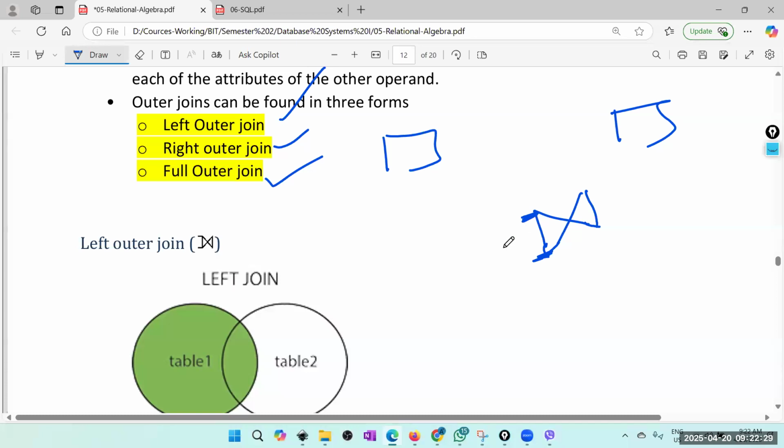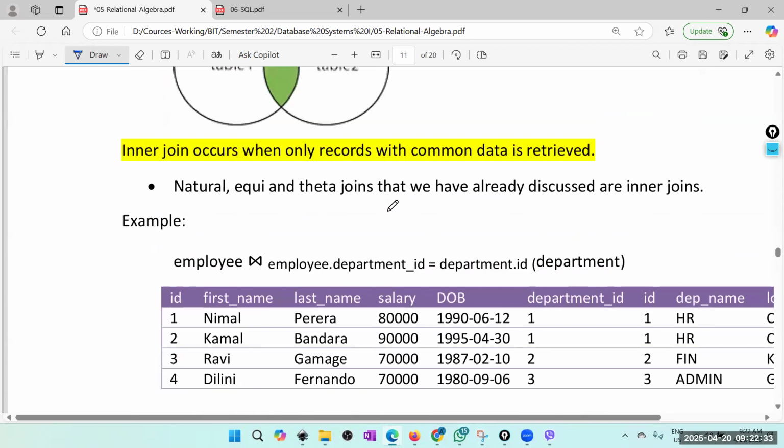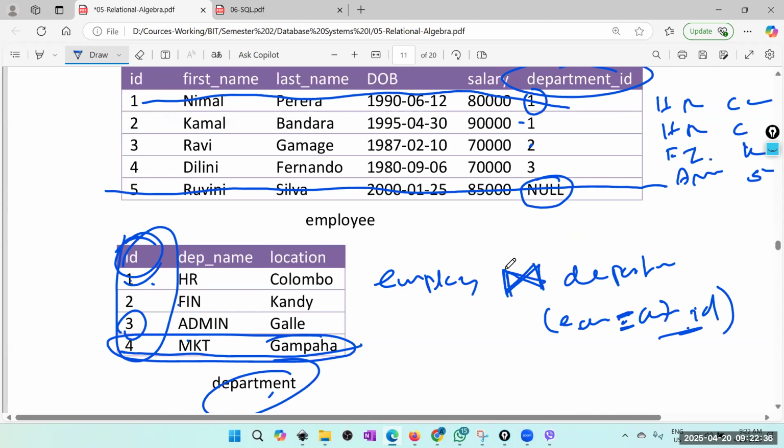So left outer join means you take all the records from the left table, all the records. That means in this case, if you do a left outer join, this record is also in our result because you take all the records from the left table and related fields from the right table. So therefore, these fields will be there, and because the last record is not related to the department, here it will be null and null.